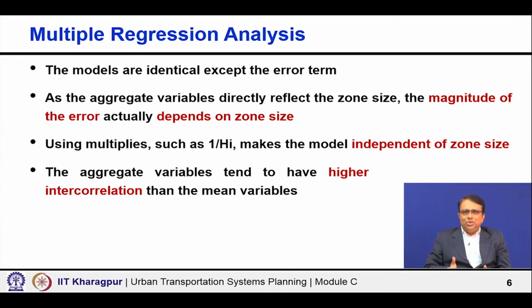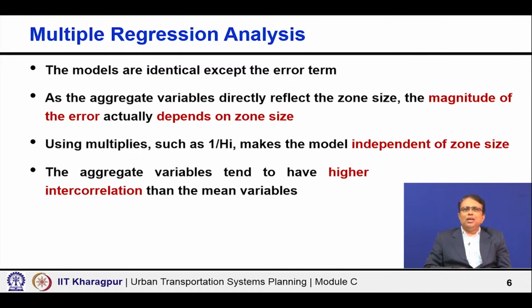The bigger zones will obviously be expected to have higher values, and smaller zones will have lower values. So somewhere the error term in the estimate is also getting influenced by the zone size.